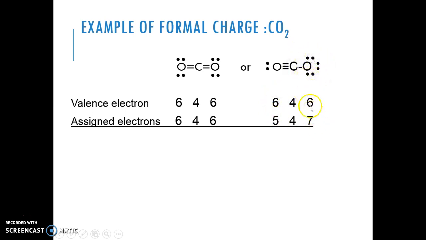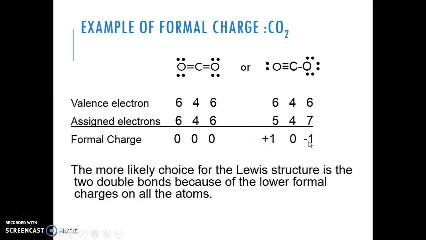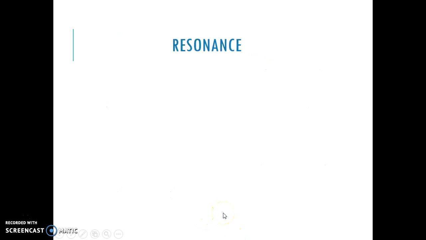This oxygen has 1 extra because 2, 4, 6, and then 7. So this one's not looking so good. If we look at formal charges, that helps support that. This is a much better choice than this one because these are 0, whereas these are +1s and -1s. So the more likely choice for Lewis structure is the double bonded one because it has the lower formal charges.